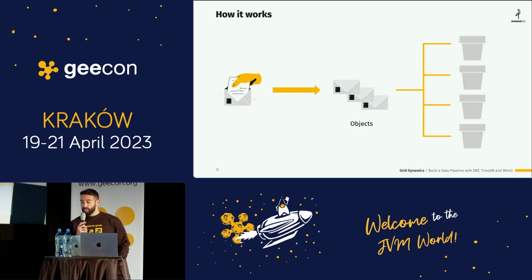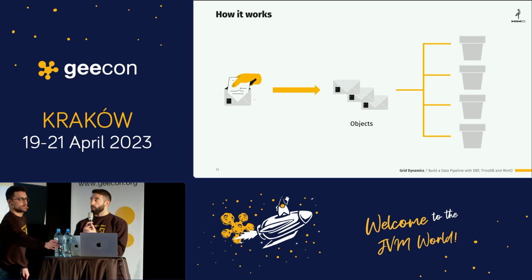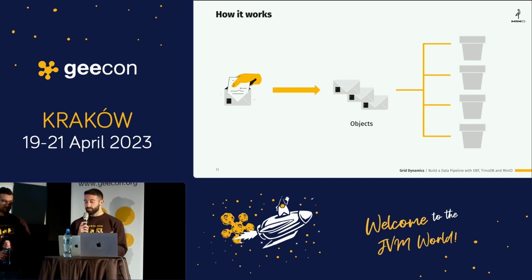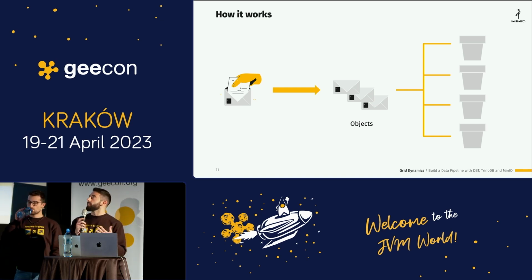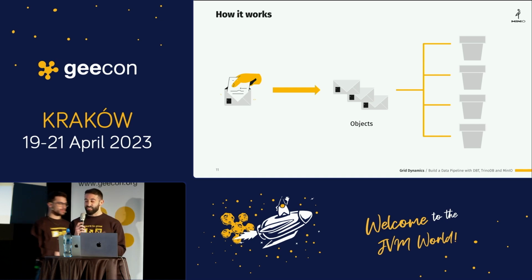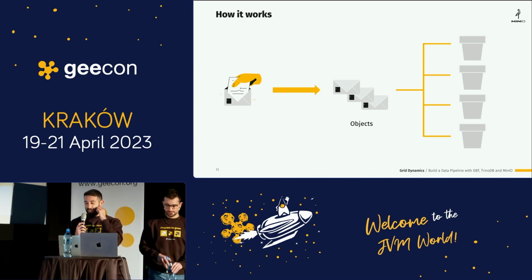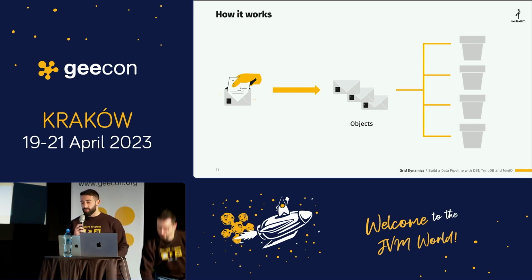Okay, now we're going to talk a bit about the functioning of this object store. We can say that MinIO organizes objects using buckets. Let's go slow on this and check first of all what an object is. It's binary data, and sometimes you can find it referred to as a blob, which stands for binary large object.